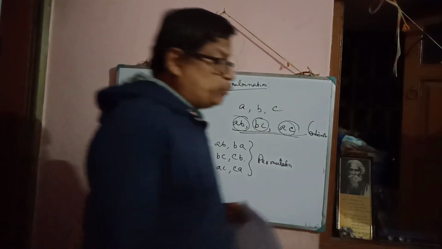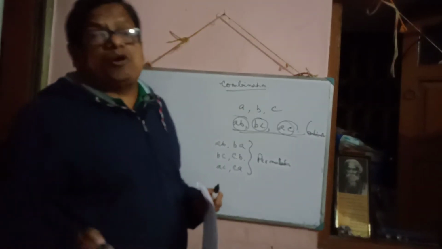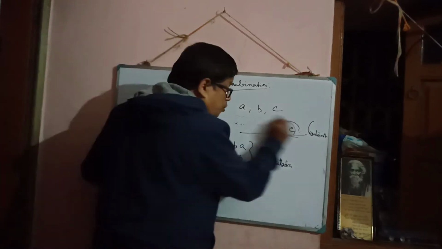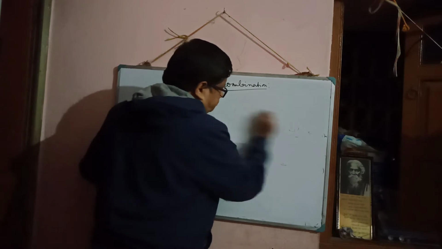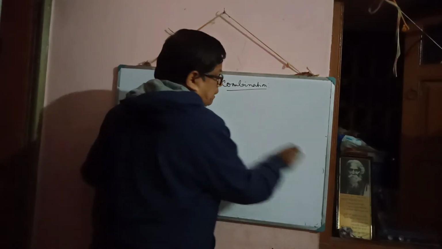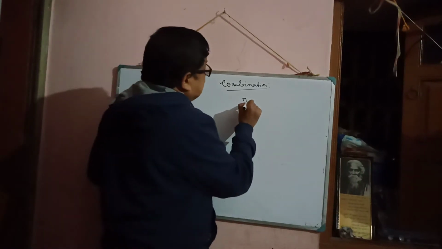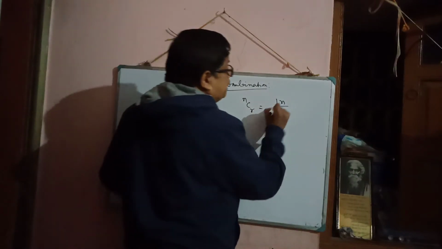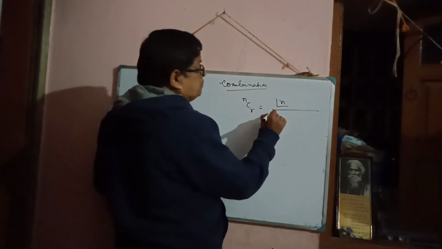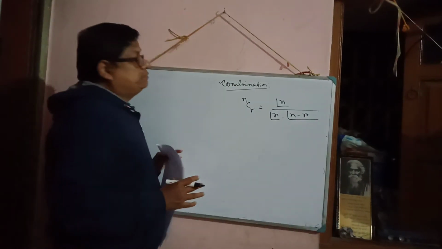Understood? So n different objects are given, taken r at a time. The number of combinations will be nCr, and nCr equals n factorial by r factorial into n minus r factorial.